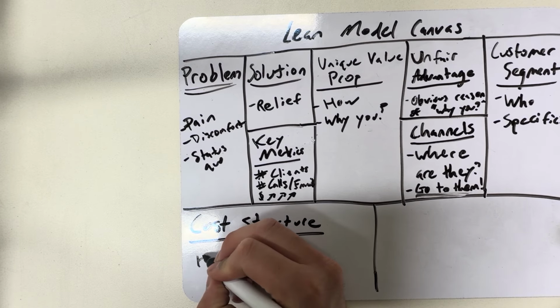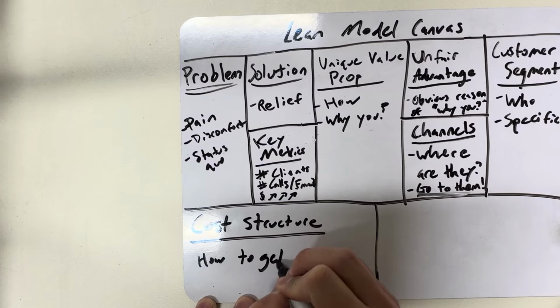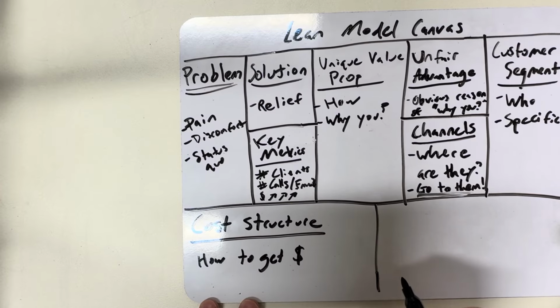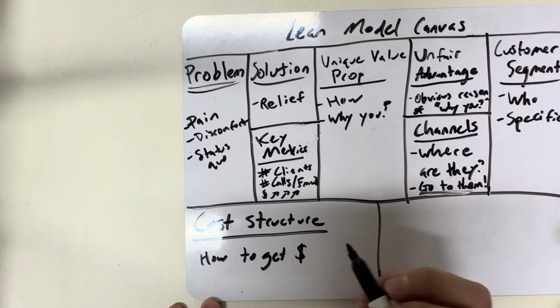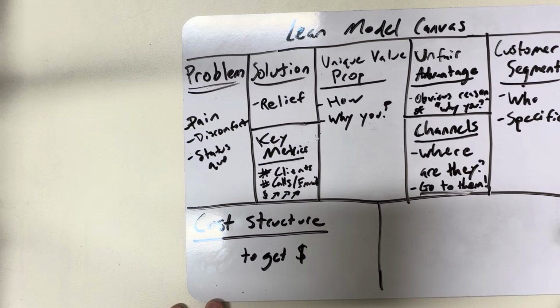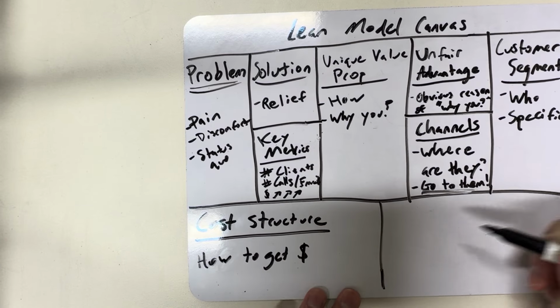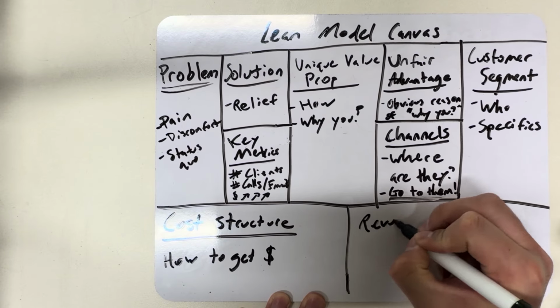So, like, how to get money, and methods. Or I guess I should say methods. I guess how. Like how. Because the next one is revenue streams.